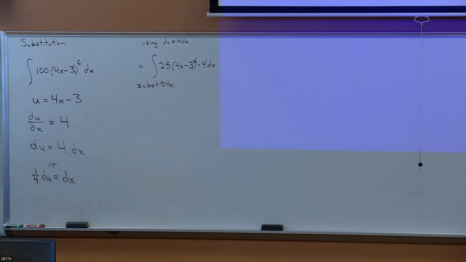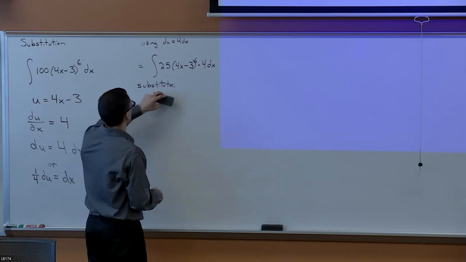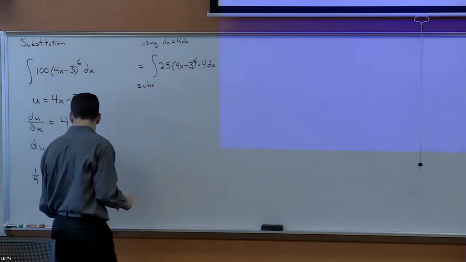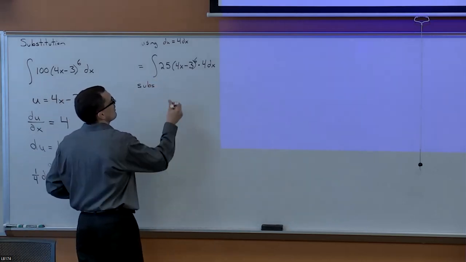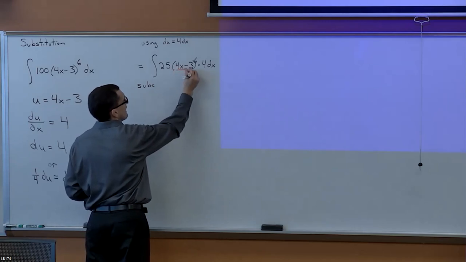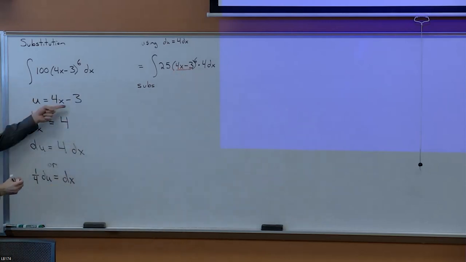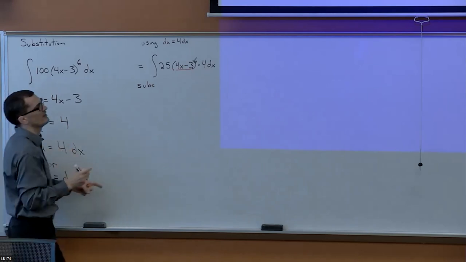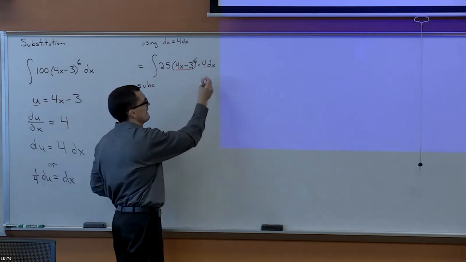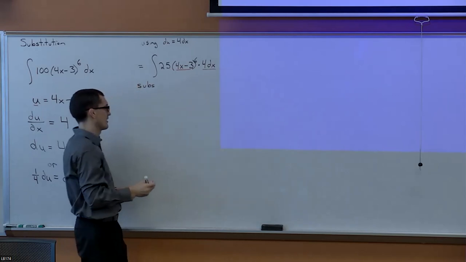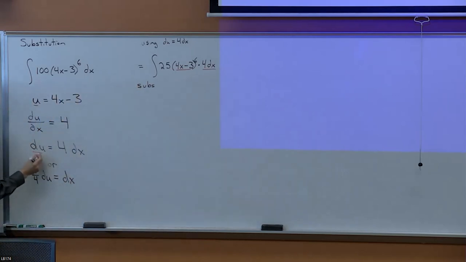Okay. The 4x minus 3 is going to get replaced by the u over here. And the 4 times dx gets replaced with this du.